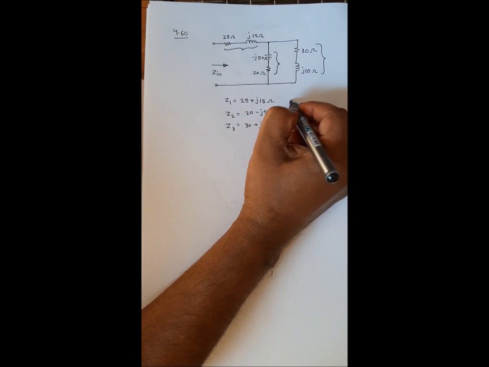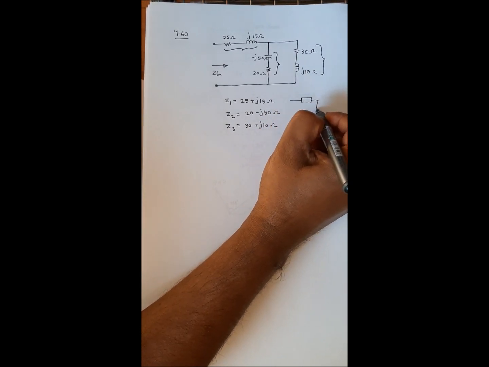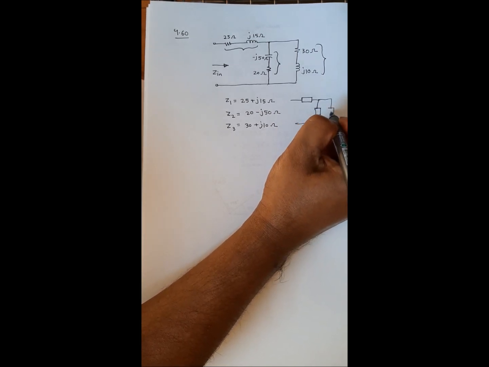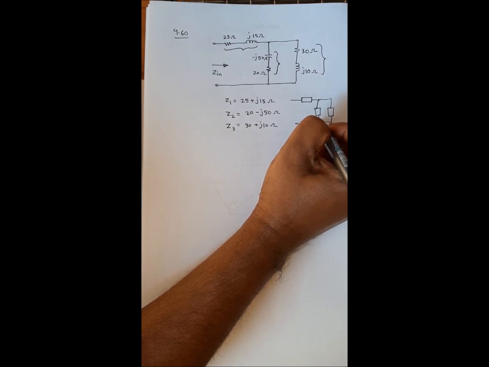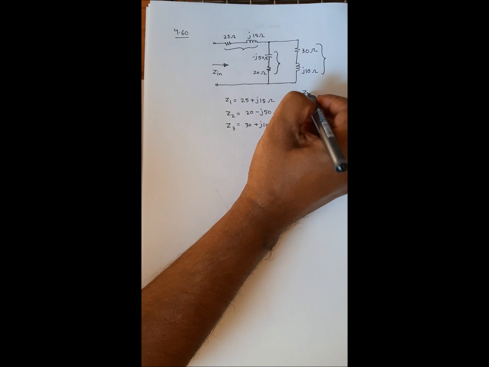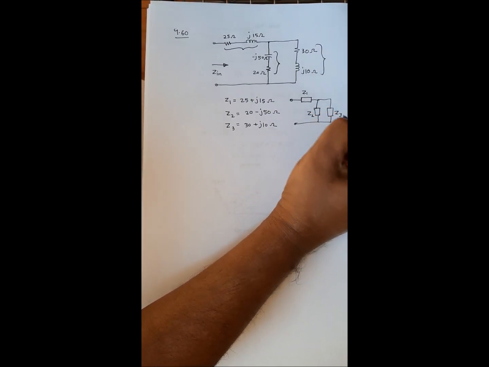Now if I write the simplified circuit, it looks like this. So this is my Z1, this is Z2, and this is Z3.